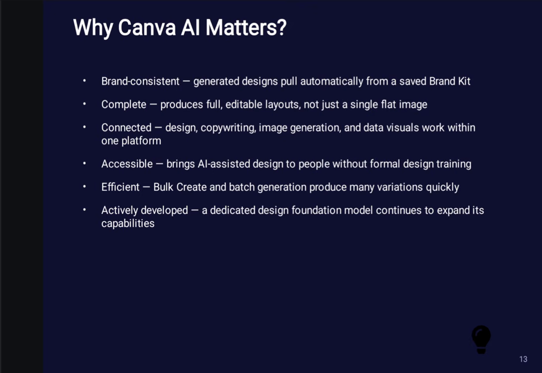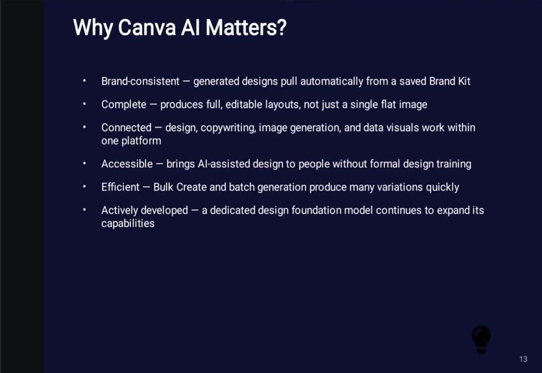Why Canva AI matters? Brand consistent: generated designs pull automatically from a saved brand kit. Complete: produces full editable layouts, not just a single flat image. Connected: design, copywriting, image generation, and data visuals work within one platform.